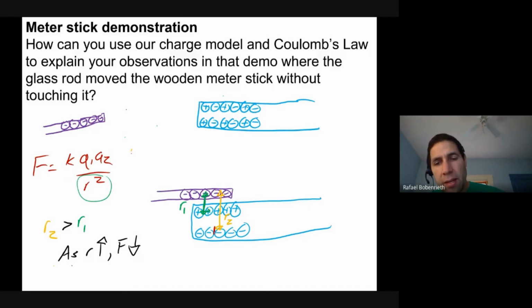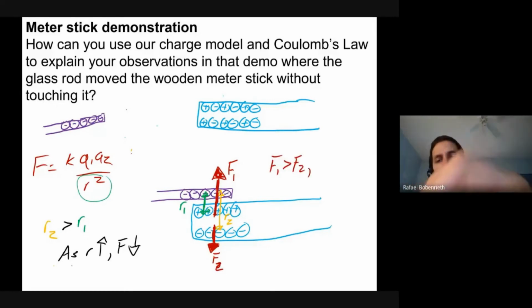So I could represent that with this red arrow, and I could call that F2, the repulsive force that you get from those negative charges being close to those other negative charges. But how does that force compare to the attractive force that the positive charges are going to feel from that negative charge? Well, the attractive force is going to be bigger. Why? Because they're closer. So if I draw this arrow, this is going to have a larger arrow, right? And this is F1. So since F1 is greater than F2, there's going to be a net force toward the rod.